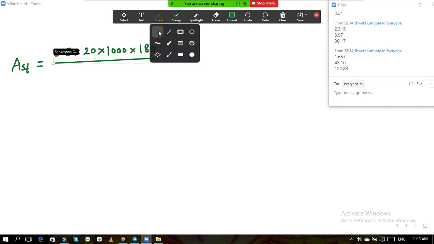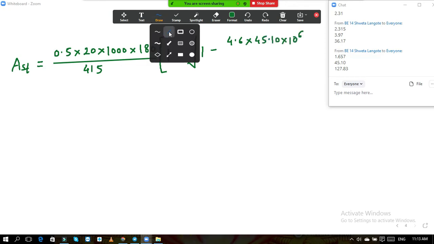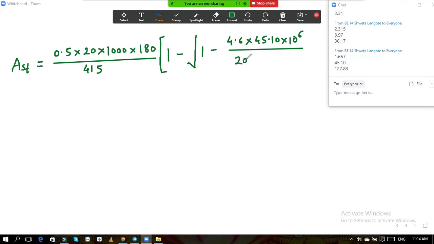What is the value of fy? fy is 415, in bracket, 1 minus under root 1 minus 4.6 into 45.10 into 10 to the power 6 divided by fck b d square, that is 20 into 1000 into 180 square.